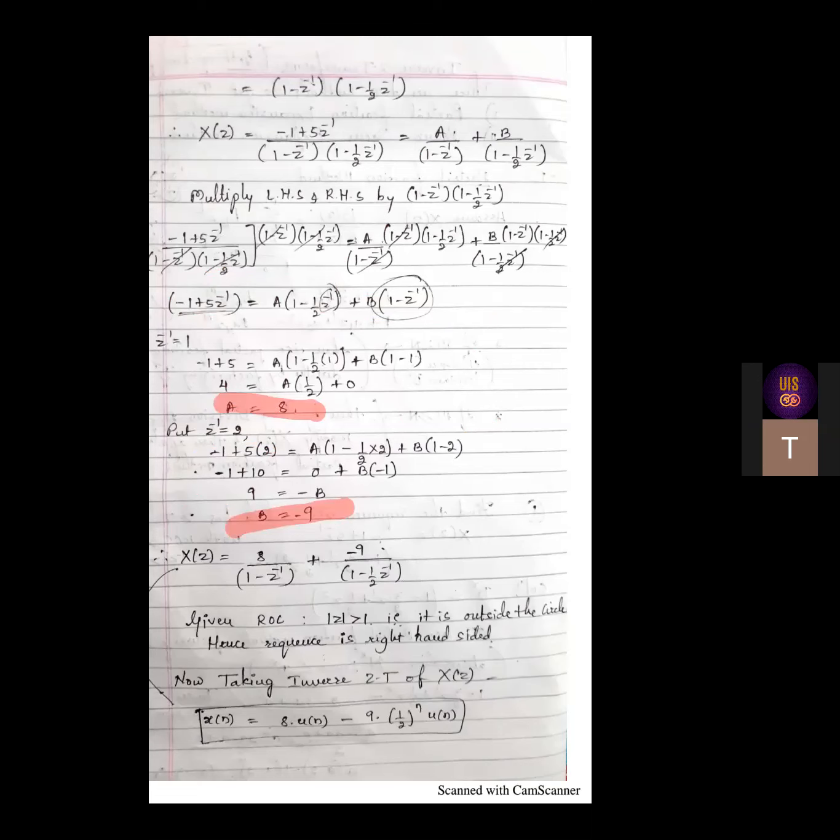Once we calculate both the values, we will go for substitution. We started with X of z equal to A divided by something plus B divided by something. Now we have got the A and B values. Substitute them, and you will get X of z is equal to 8 divided by 1 minus z inverse plus minus 9 divided by 1 minus half z inverse.